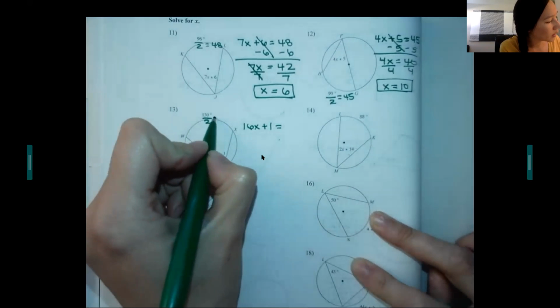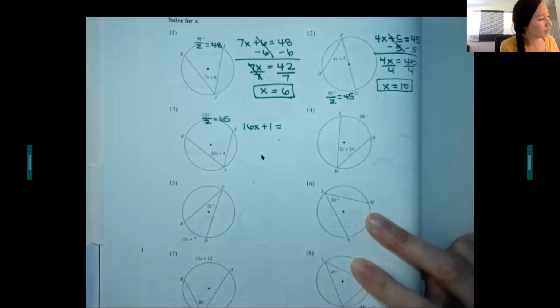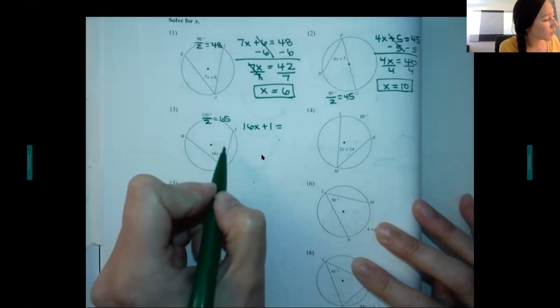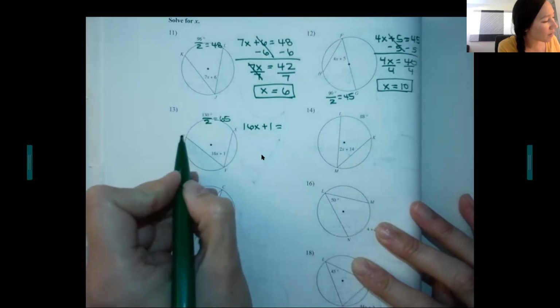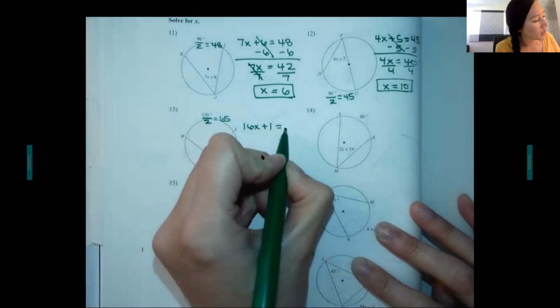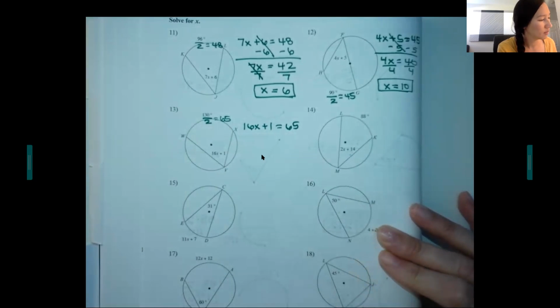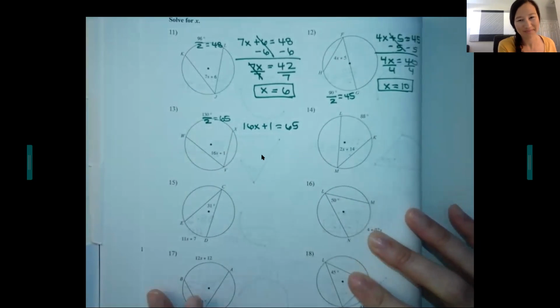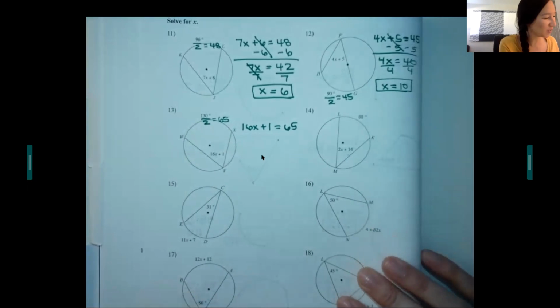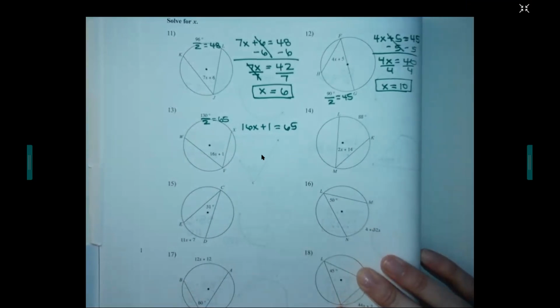So this would be 65. So 16x plus 1 is equal to half of this arc, which is 65. Does that make more sense a little bit? Yeah.